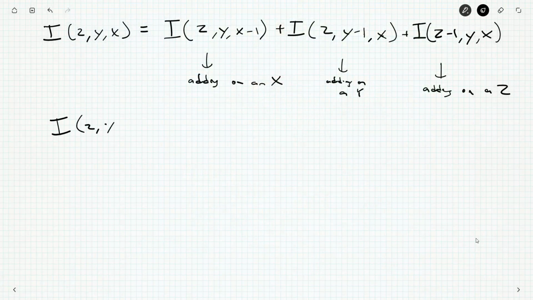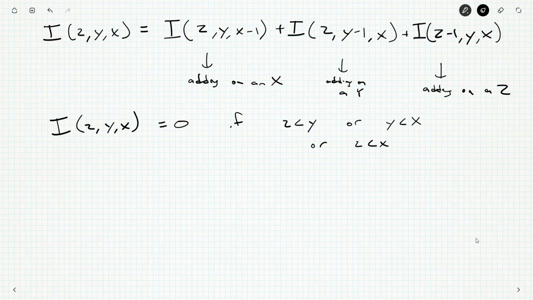So I of Z, Y, X is 0 if Z is less than Y, or Y is less than X, or Z is less than X. Is this one already covered? Yeah, if Z is less than X, one of the other two has to be true, but that doesn't really matter in the long run.